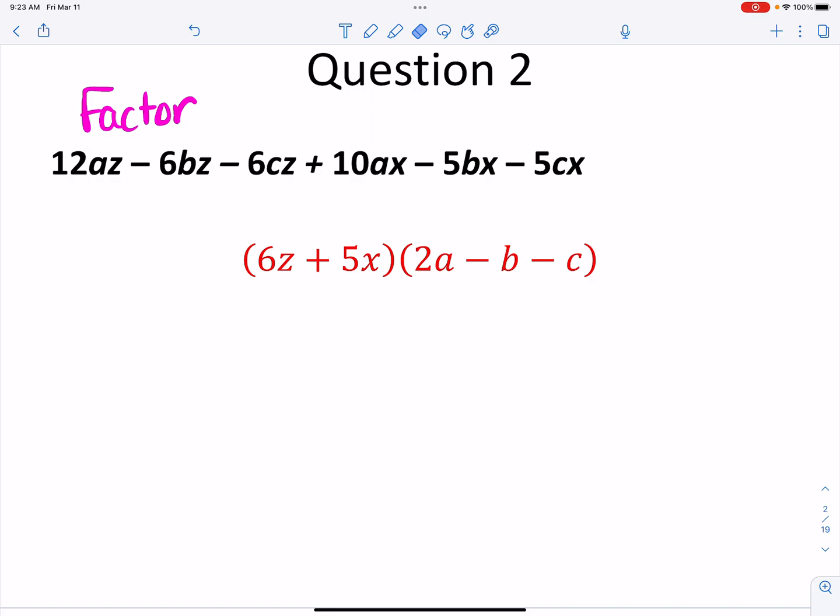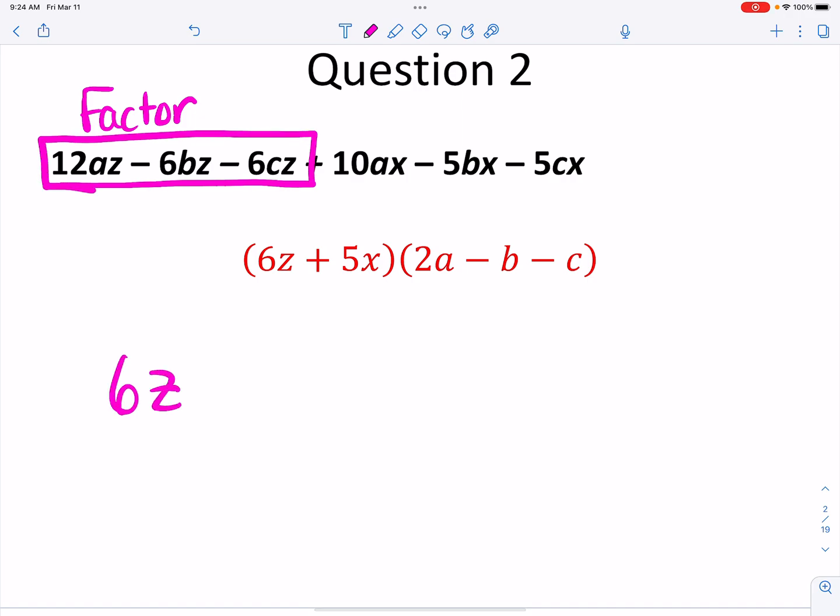If I do this by groups of 2, I can take out a 6z, but the letters aren't the same, so I don't think I want to do this by groups of 2. But if I look at the first 3 terms, they have a 6 and a z in common. So I can take out a 6z, and that leaves me with 2a minus b minus c.